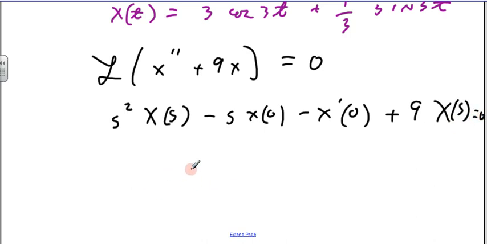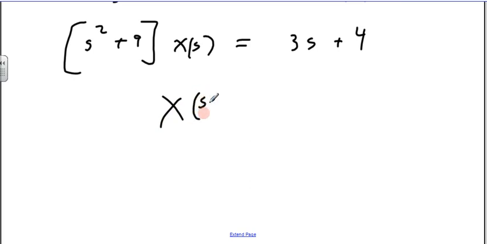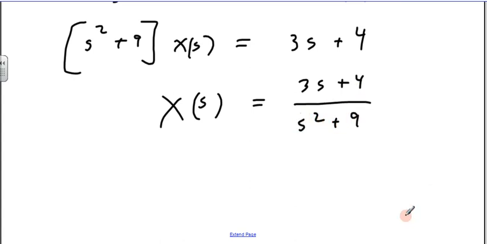So that's what we have, and so we're going to have (s squared plus 9) X(s) is equal to, and x of 0 is 3, so it's going to be 3s, and x prime at 0 is 4, so that's going to be 4: 3s plus 4. And X(s) is (3s plus 4) divided by (s squared plus 9). Okay, so that seems like a wonderful thing to do.